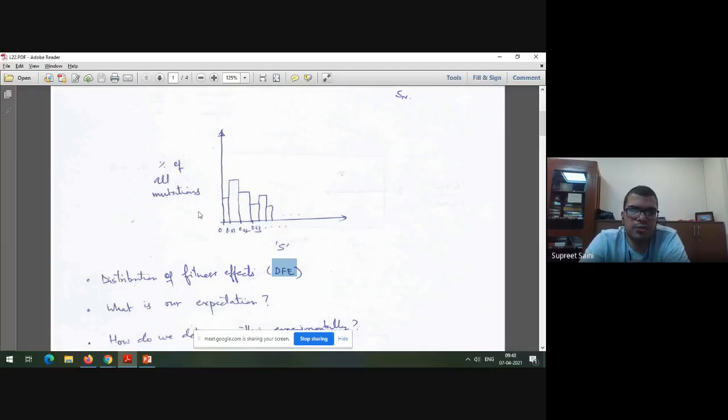You could also argue that we are less interested in them because these are variations that are going to get weeded out from the population anyway. So our interest is much more on the positive side of this graph. There is definitely work done to determine the DFE of deleterious mutations, but we won't get into that.